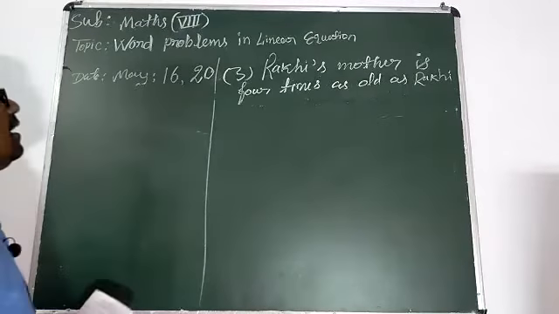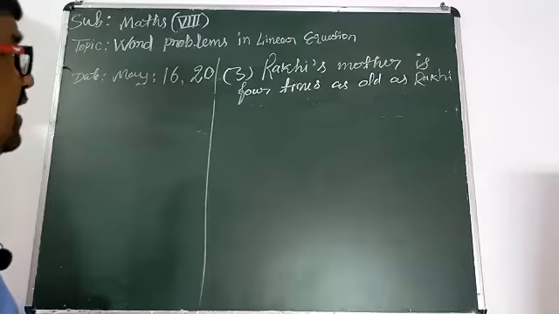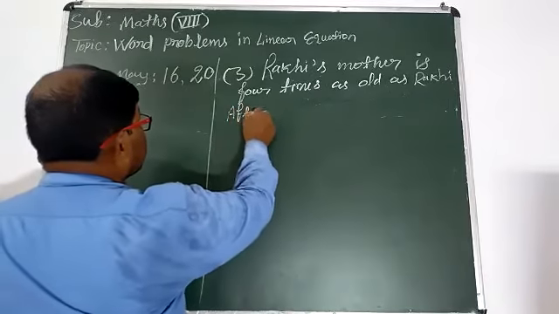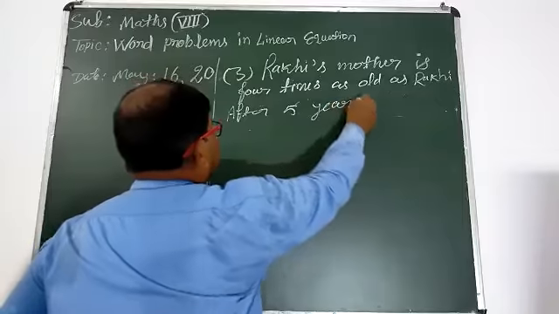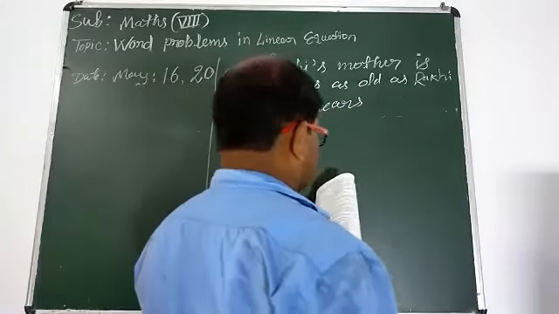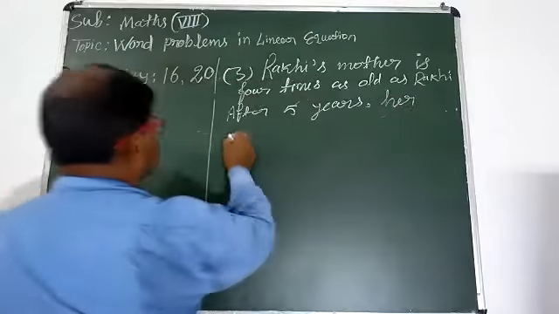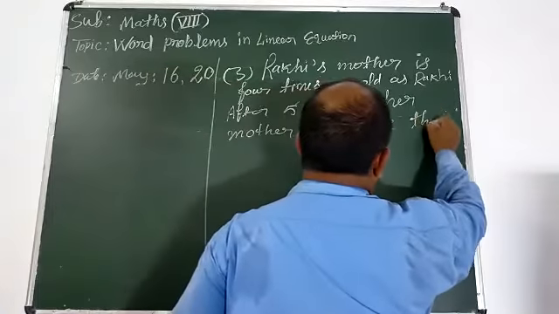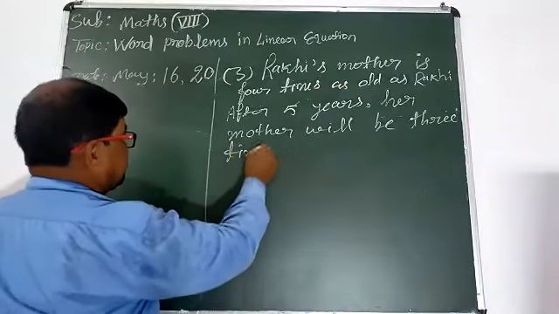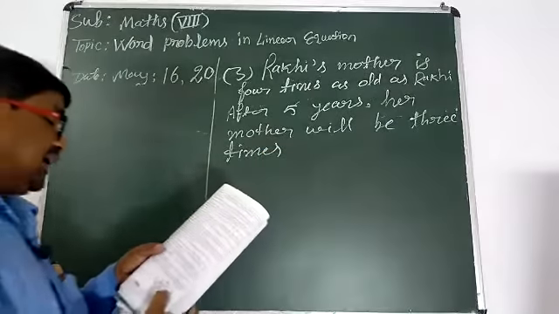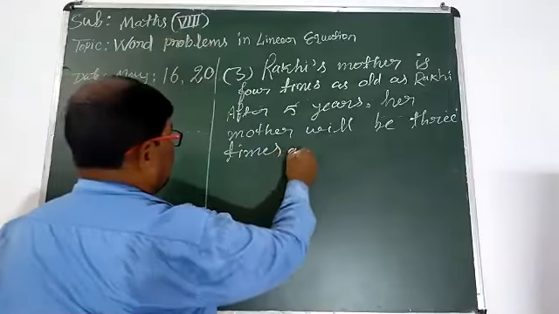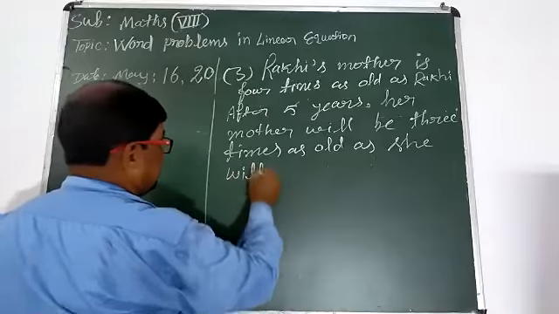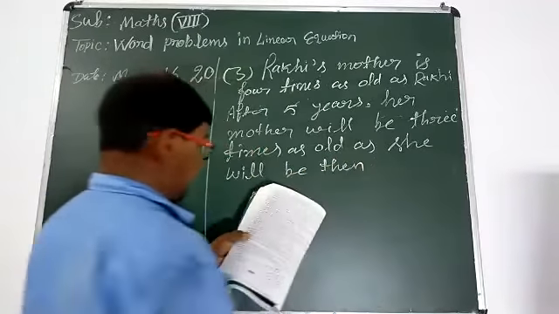This is the first statement, student. Now the second condition: after 5 years, her mother will be 3 times as old as she will be then.